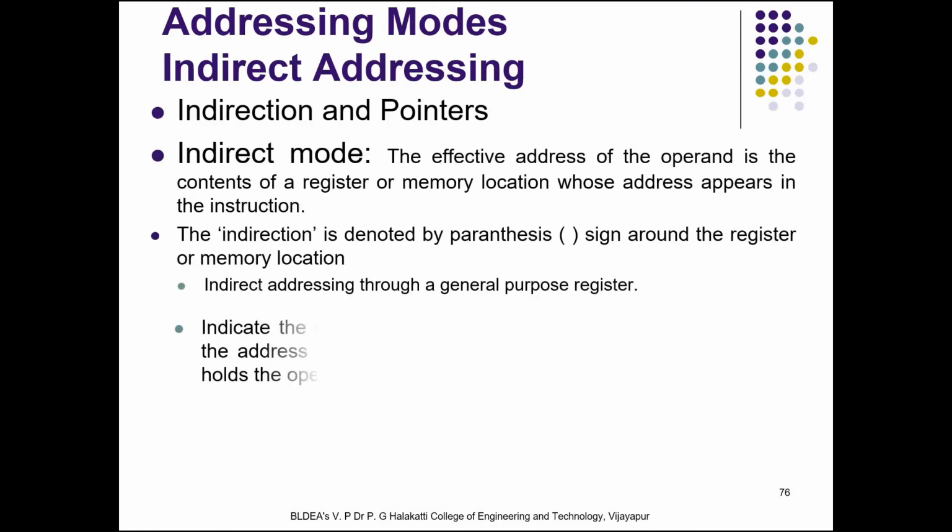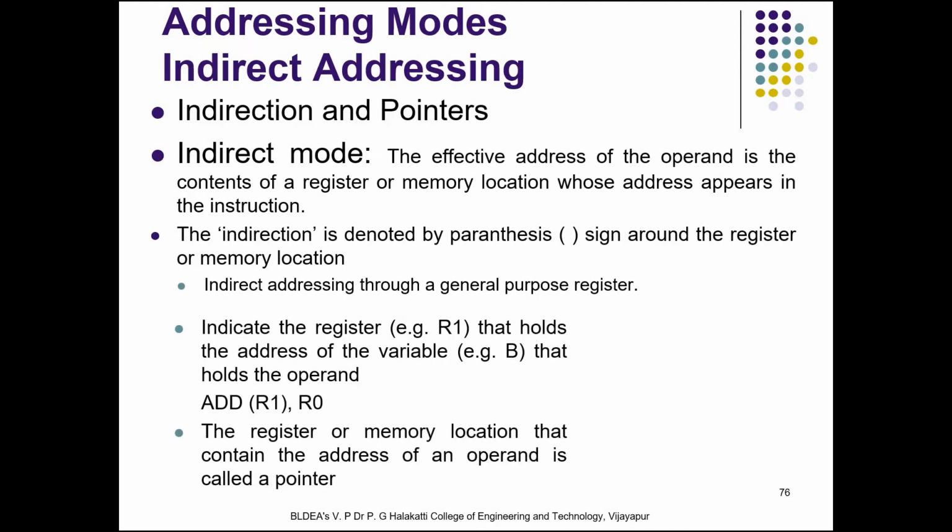Now let's have a look at indirect addressing mode, indirection and pointers. Here in indirection mode, the effective address of the operand is the content of a register or memory location whose address appears in the instruction. The indirection is denoted by parentheses.